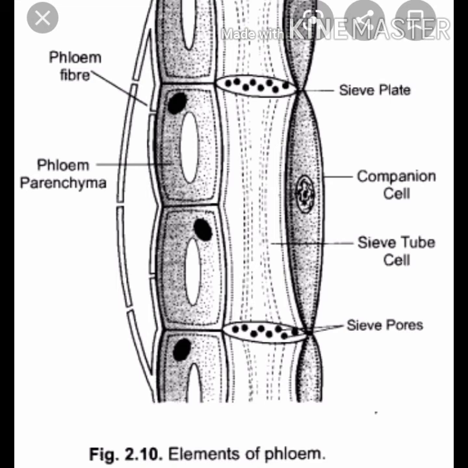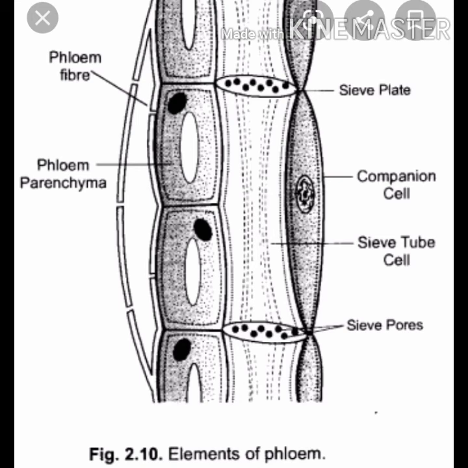Just near the sieve tubes, companion cells are also associated. They are living parenchyma cells located near the sieve tubes. These two are living, that is why they possess a nucleus, cytoplasm, endoplasmic reticulum, and all the cell organelles. There is a common wall between the sieve tubes and companion cells.